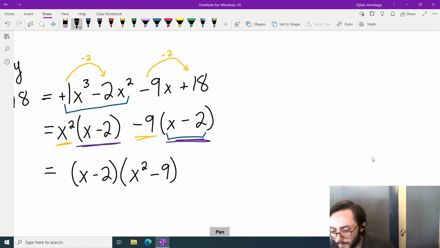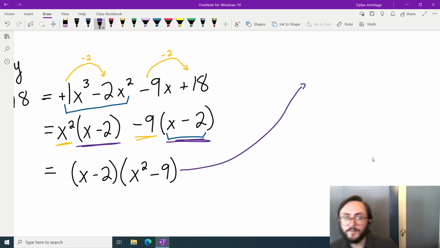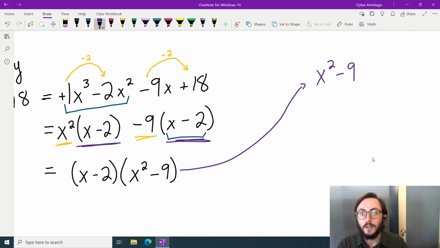We're going to take this over here. We have x squared minus 9, and we're trying to figure out what the factors are. Now we notice that x squared and 9 are both square numbers. 9 is 3 squared. So it'd be x squared minus 3 squared.